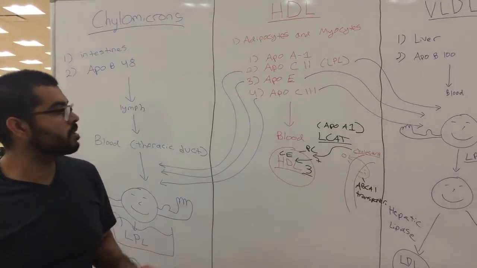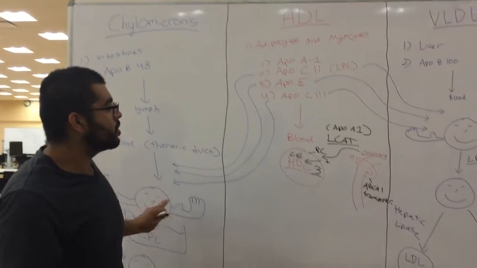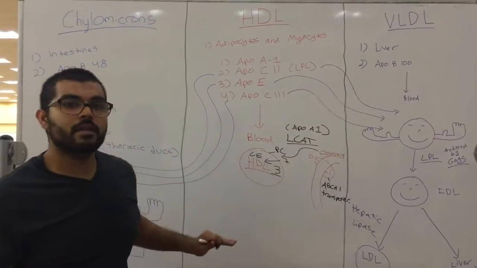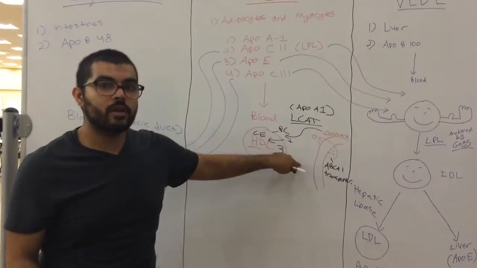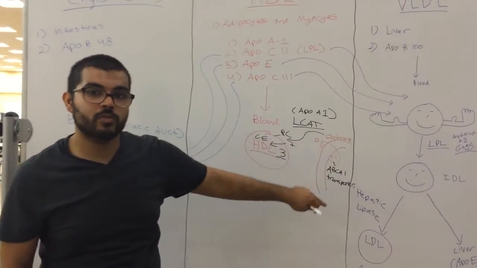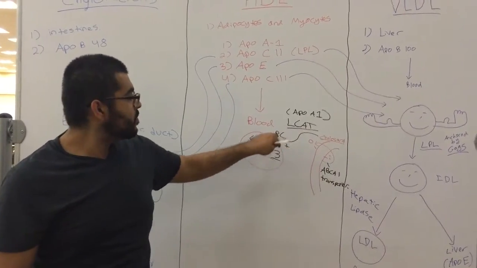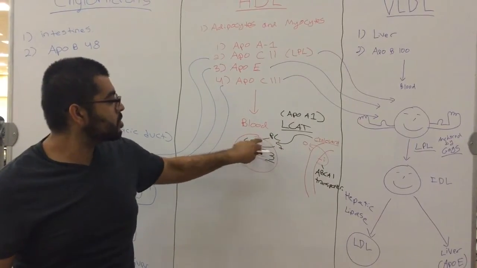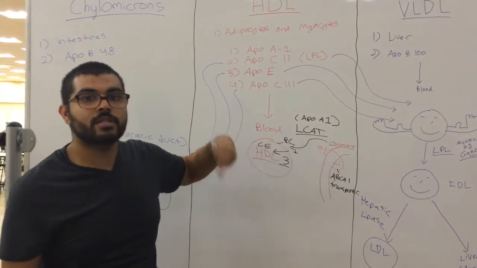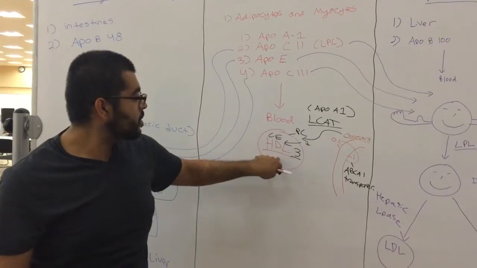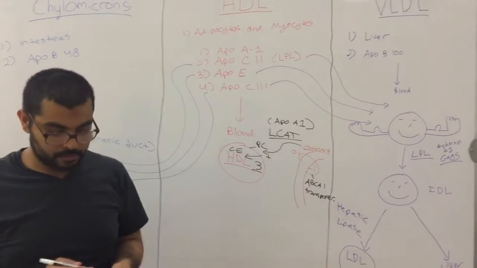Alright, so at this point, there should be no confusion. At this point, LCAT activates, takes the cholesterol that was on the outer membrane, which was brought by your ABCA1 transporters from the inner membrane, fuses with phosphatidylcholine, become cholesterol esters. This is done by LCAT, which is activated by your ApoA1, converts your HDL into HDL3.